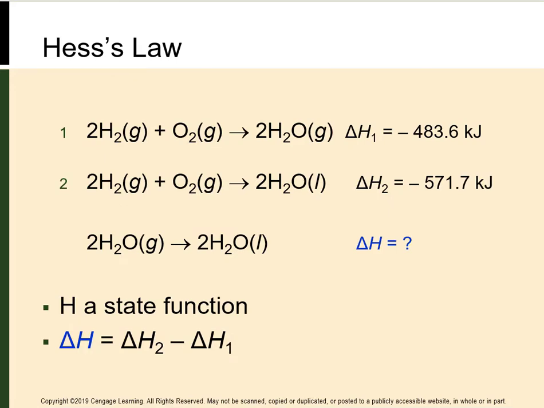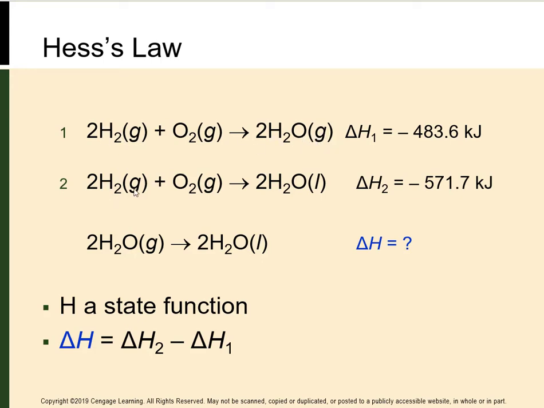In that last example, we were looking at two different chemical reactions. Hess's Law also applies to physical processes. So for the enthalpy of going from gaseous water to liquid water, we know the enthalpy for hydrogen plus oxygen to give us gaseous water.